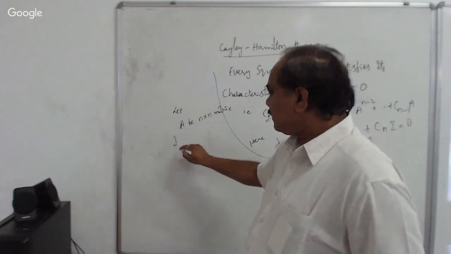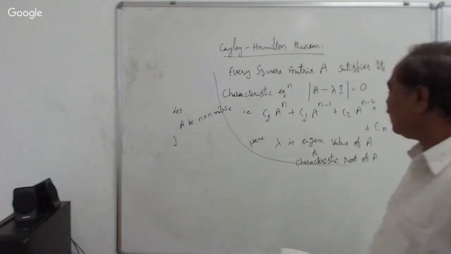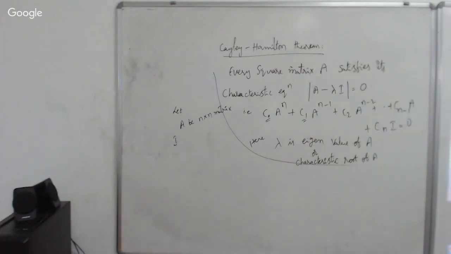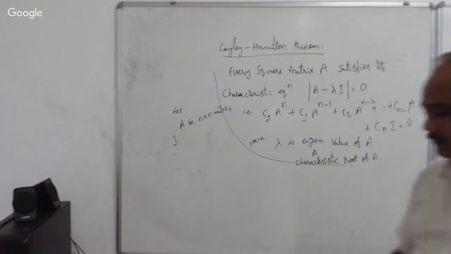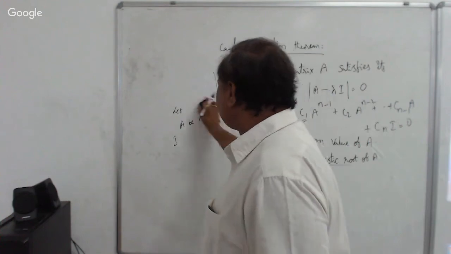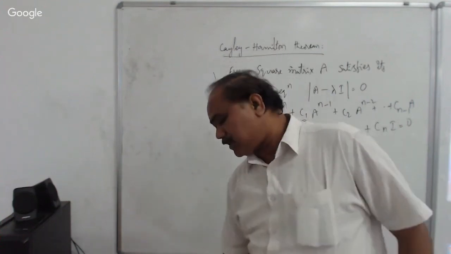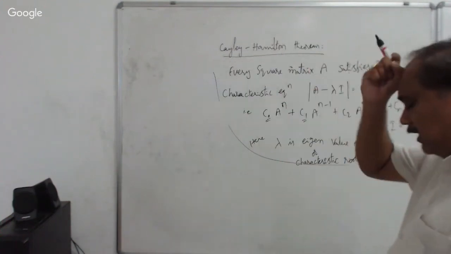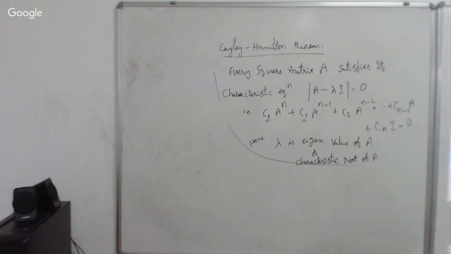So the meaning of eigenvector or eigenvalue, first note this. I will explain that concept also. What is eigenvalue? What is eigenvector? I will explain. Nawaz is asking that question. Okay, that concept. Of course.